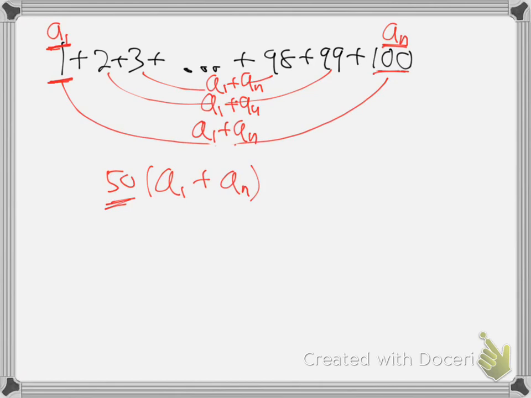So 50 101s. So how many a1 plus an's are there? Well, we don't know how many terms there are here. Let me just tell you. There's n terms. Remember, we want to be general. Let's just say n. There are n terms. So it's half of n, or 0.5 n, isn't it?